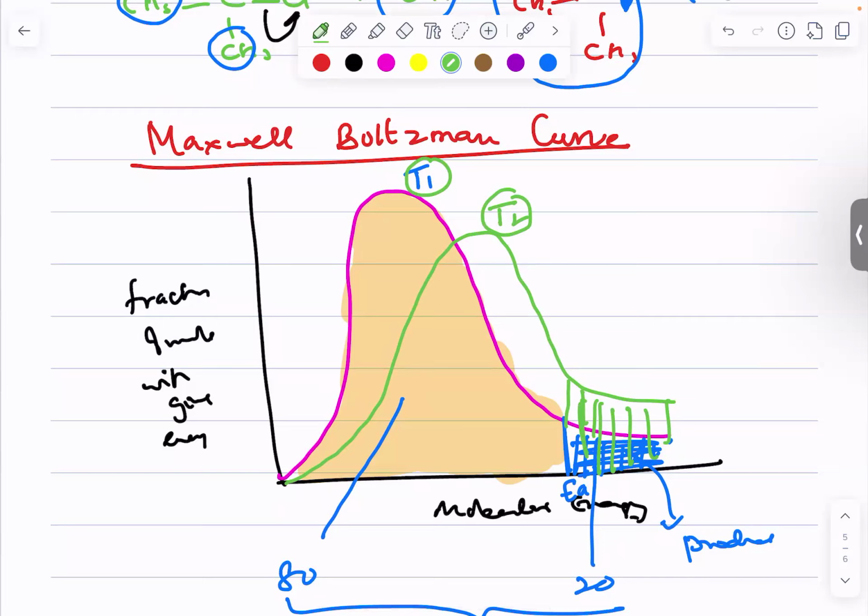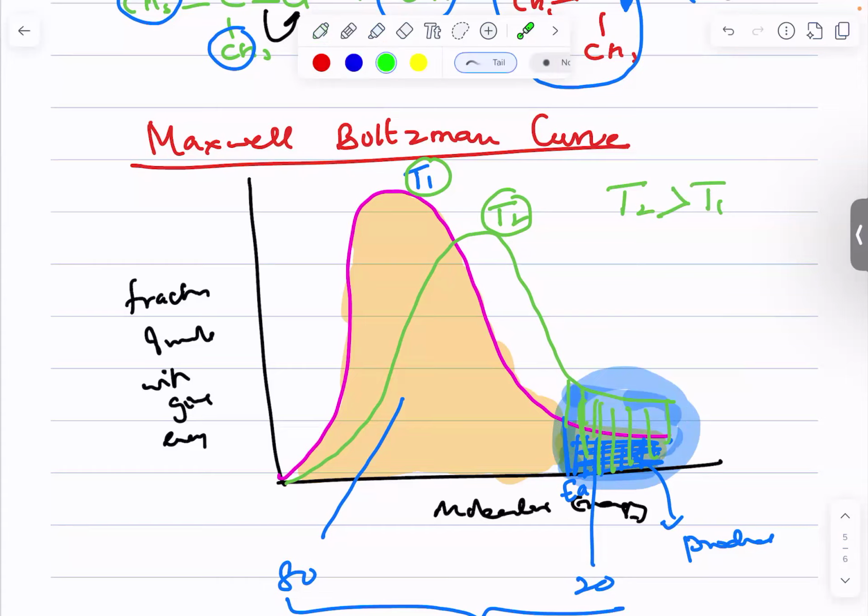Okay, now, but Anika, have you noticed that these are the molecules which can pass the energy barrier when the temperature is T1? But when I increase the temperature, the molecules passing the energy barrier, it gets doubled. So that means that T2 is greater than T1 because the curve is shifted more towards the right.